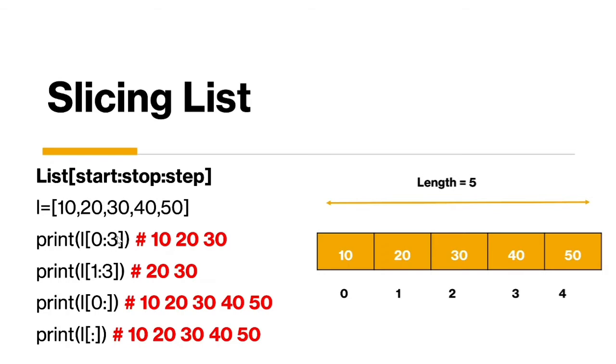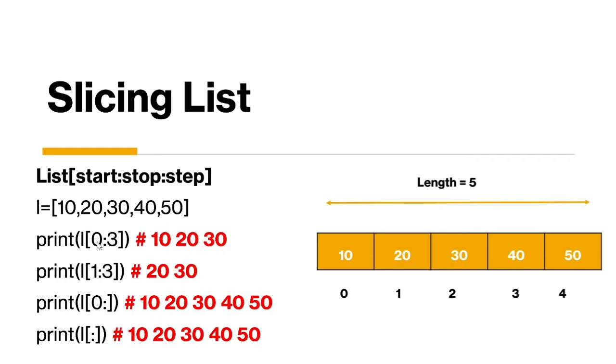That means if the end value is 3, I will be getting the elements up till index number 2, that is 3 minus 1. So here by putting 0 colon 3, I will be getting elements starting from 0, that is 10, and ending at 3 minus 1, that is 2. So I will get 10, 20 and 30 as my output.